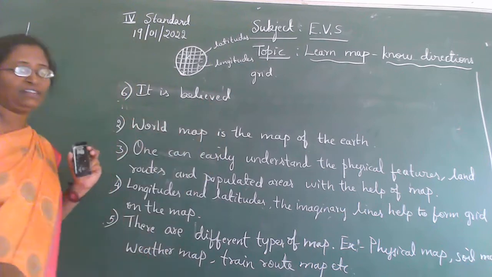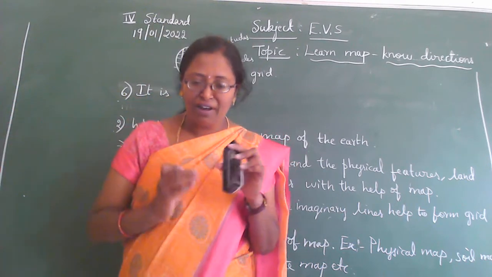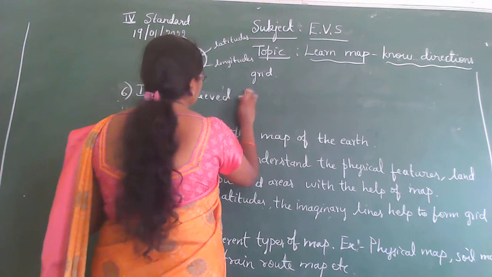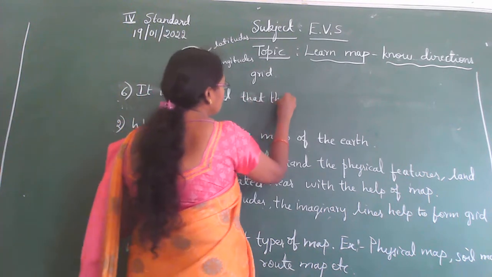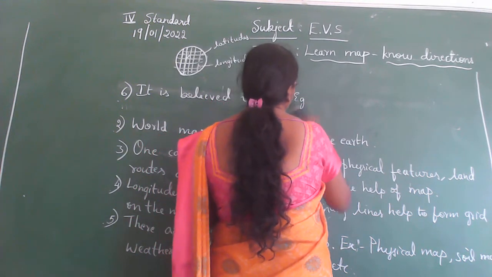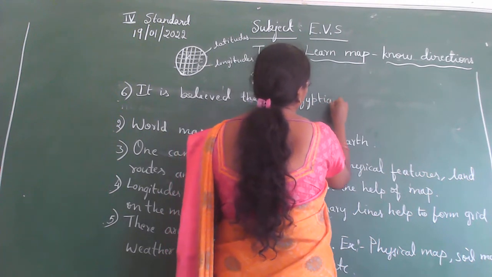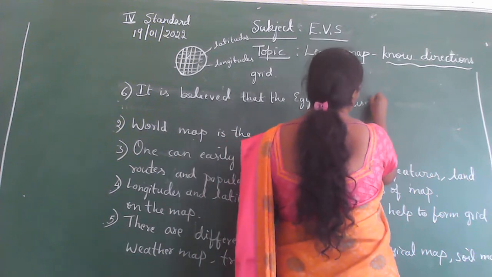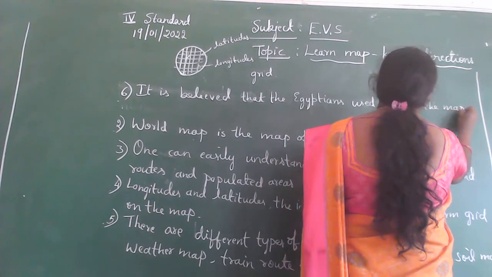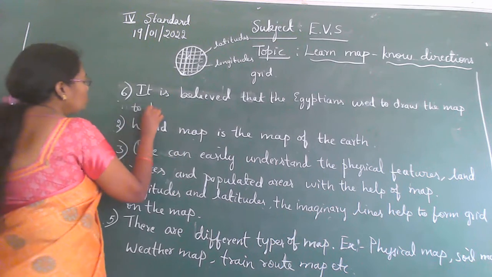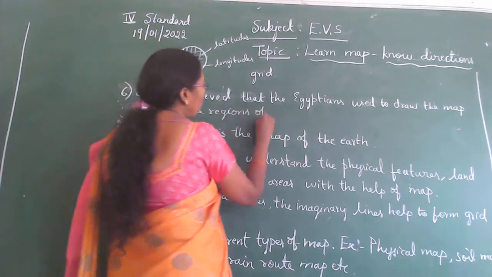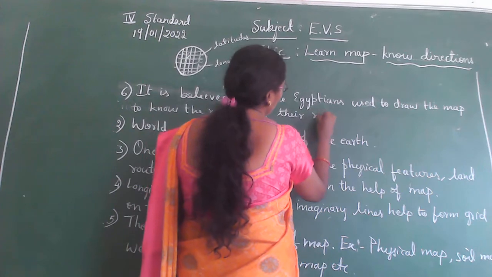It is believed that the Egyptians used to draw the map to know the regions of the rule.